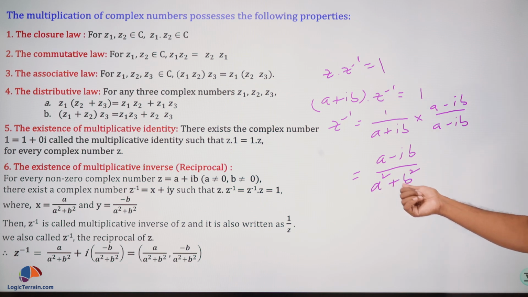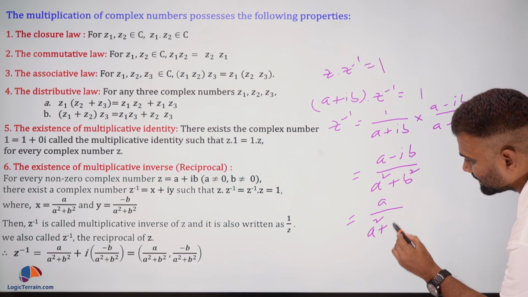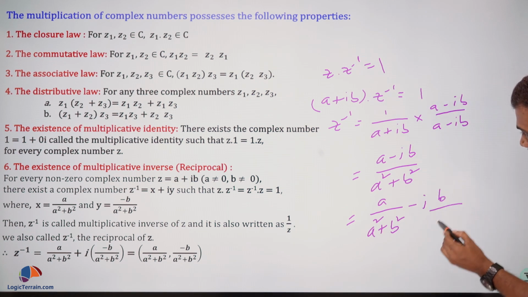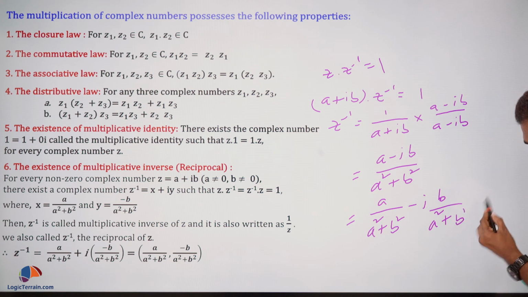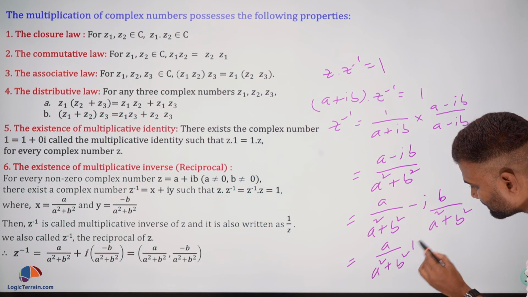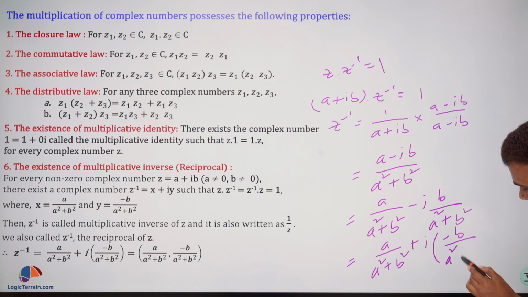The denominator a² + b² divides both the terms in the numerator, so this becomes a/(a² + b²) - i(b/(a² + b²)), the same as a/(a² + b²) + i(-b/(a² + b²)).